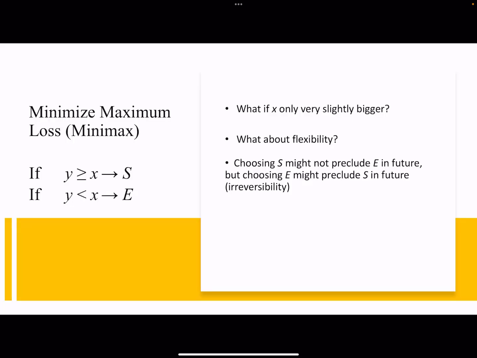Now, that's what the minimax solution would be to that problem. But what if x is only slightly bigger? If x is only slightly bigger, then you should probably choose S. What about flexibility? Choosing S, safety, might not preclude development in the future, but choosing development might preclude S in the future.